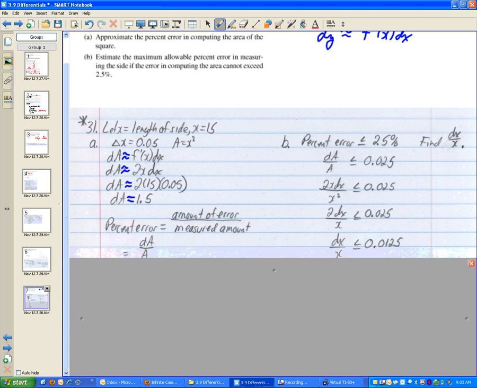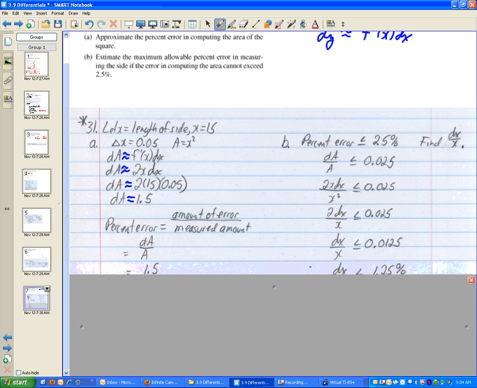A. What is dA? We haven't found this yet. What's A? 15 squared. I didn't need it until now. The measured area is 15 squared.